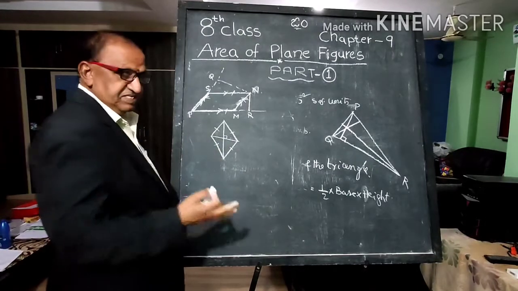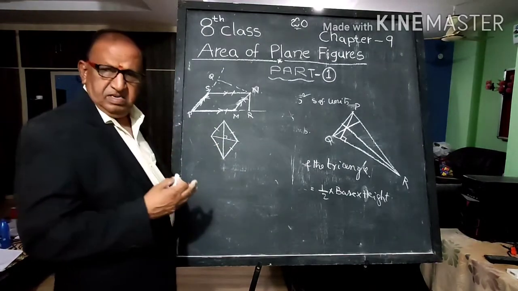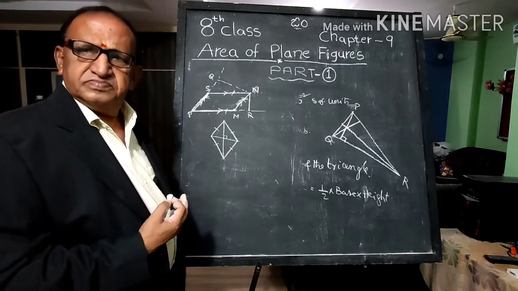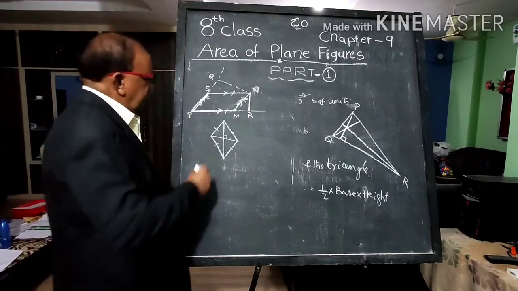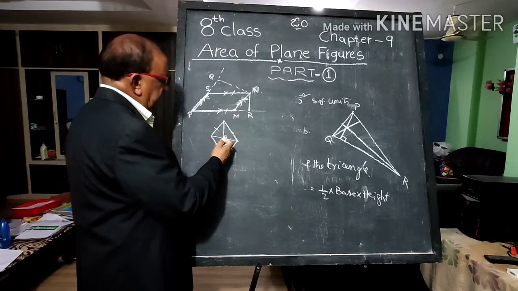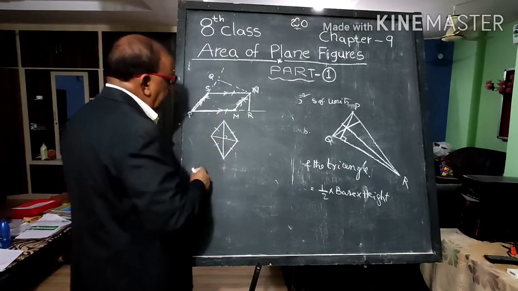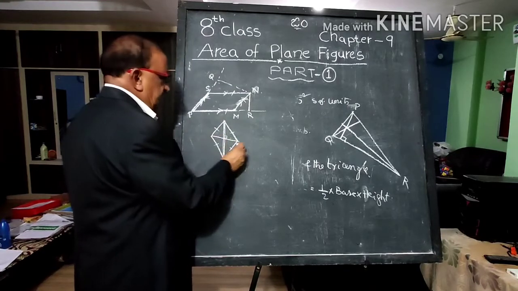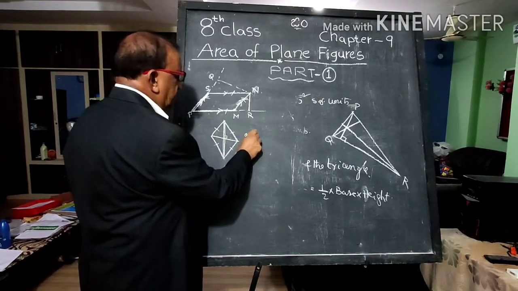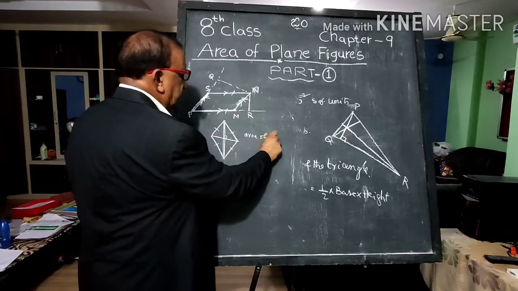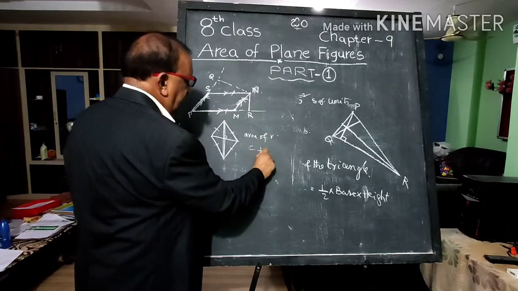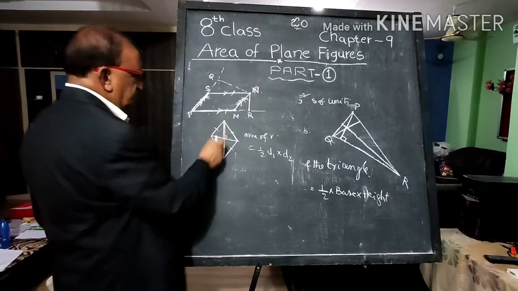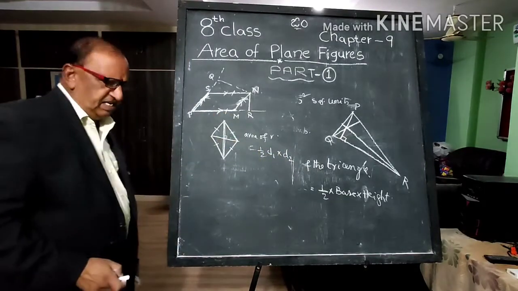These are the properties of a rhombus. Now, if D1 is one diagonal and D2 is another diagonal, the area of the rhombus is equal to half of D1 into D2, where D1 is one diagonal and D2 is the other diagonal.